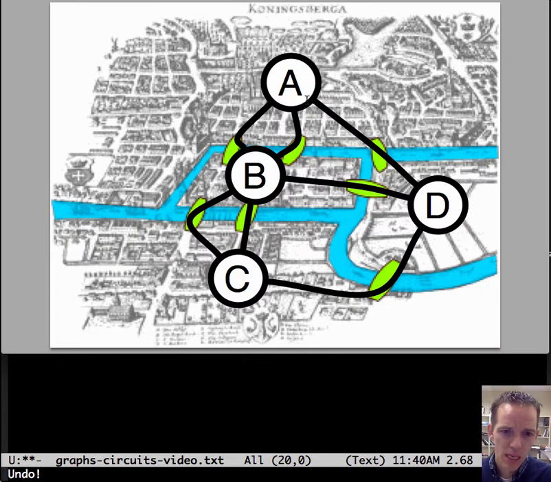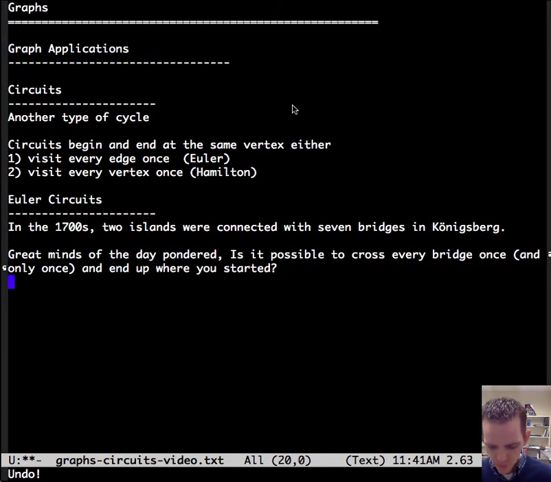And we can represent this as a graph where the land masses are vertices and the bridges represent edges. And so then we have our 4 land masses, and they're connected by 7 bridges or 7 edges here. And that's how we can frame the problem to be able to talk about it more intelligently, apply algorithms to solve it.